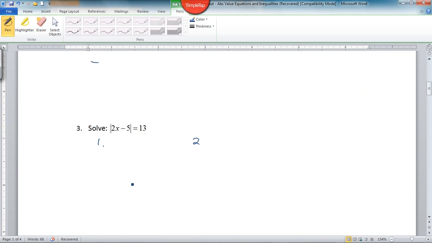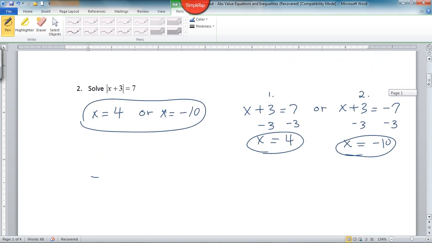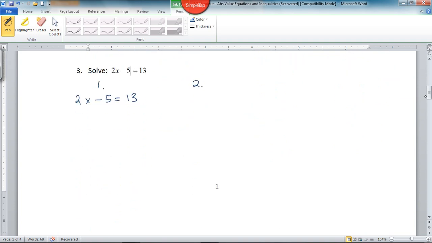And so we're just going to set 2x minus 5 equal to 13. And then the other one is setting the expression equal to the negative of that number on the right side. So it's going to be 2x minus 5 equals negative 13. We solve those two equations, and that's going to give us our two answers.